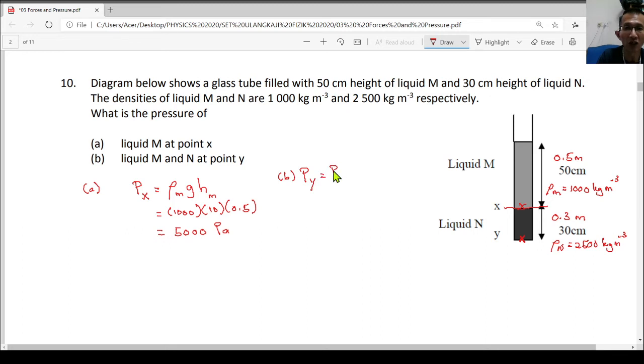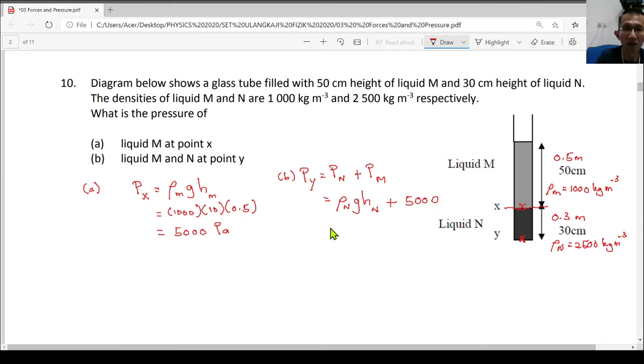I have pressure exerted by liquid N plus the pressure exerted by liquid M. Pressure exerted by liquid N would be rho N multiplied by G multiplied by the length of column of liquid N. And I don't need to recalculate the pressure exerted by liquid M because we have done that here. That is 5000 Pascal.